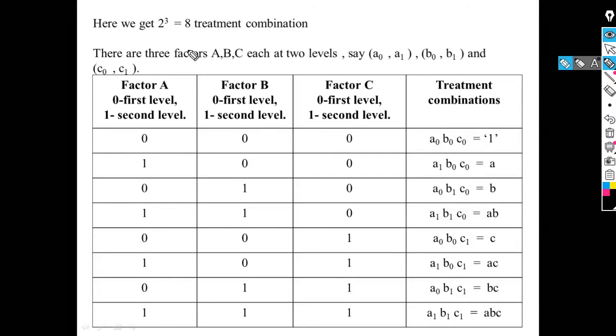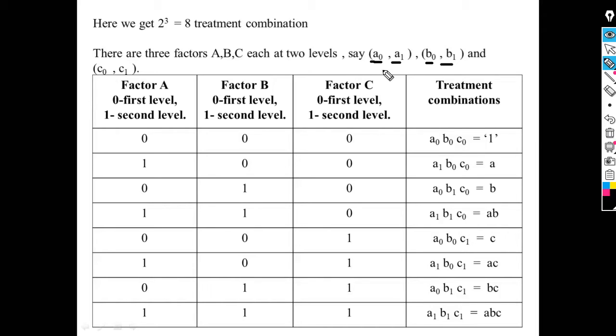We have 3 factors A, B and C. Each factor is at 2 levels: A naught, A1, B naught, B1 and C naught, C1. Here A naught, B naught and C naught denote the first level of factors A, B and C, and A1, B1 and C1 denote the second level of the factors.